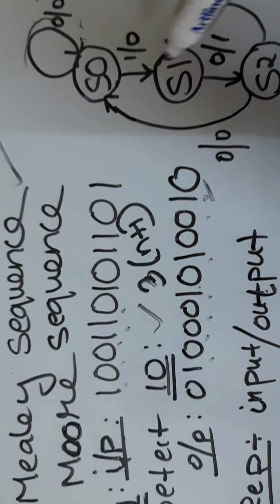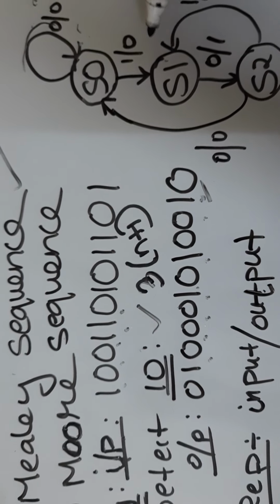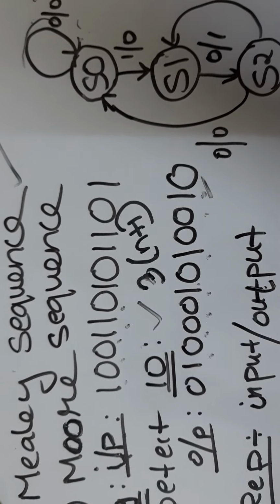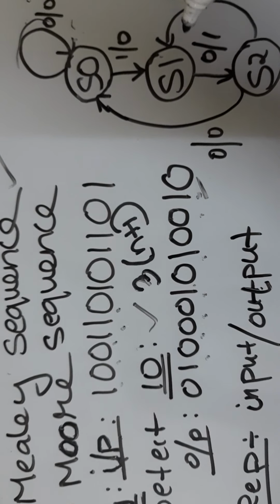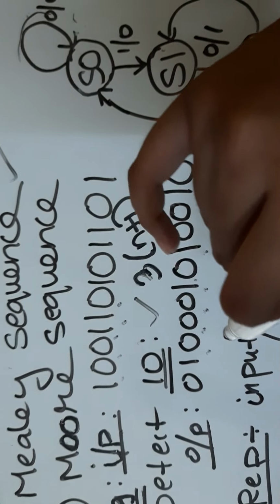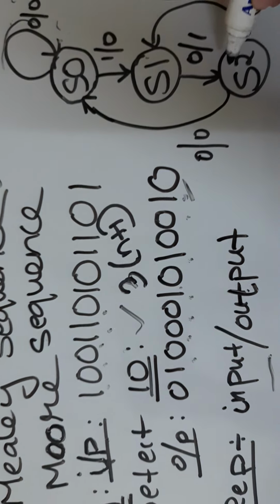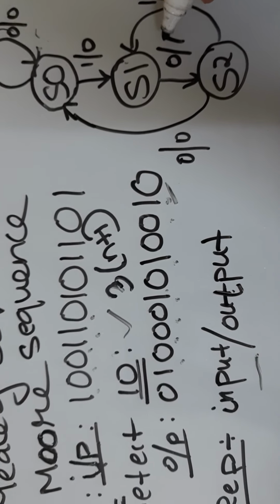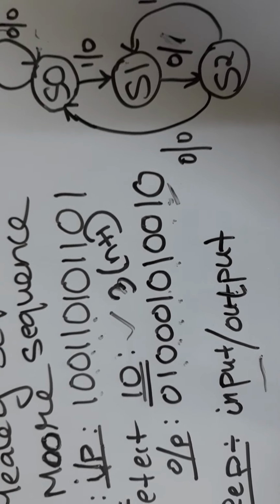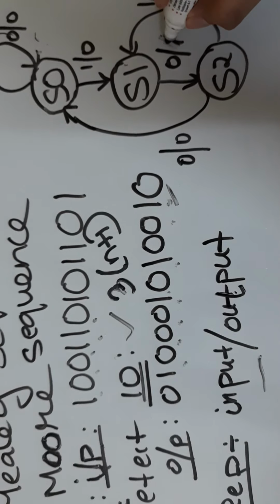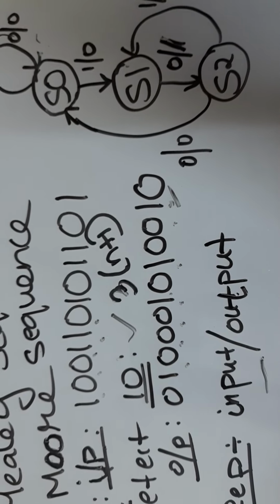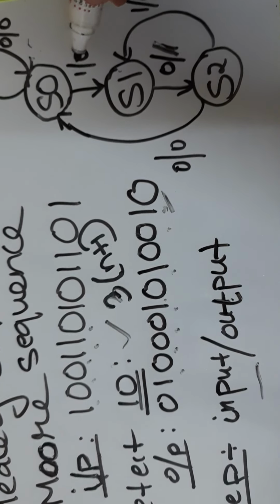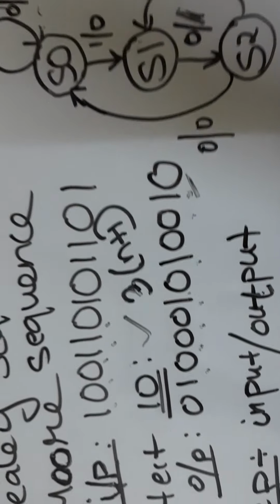What if my next input is 0? So if it is 0, 1, 0 both will match. So it will move to the next state and here you see my output becomes 1. So 0/1. Now here I have detected the sequence 1, 0.